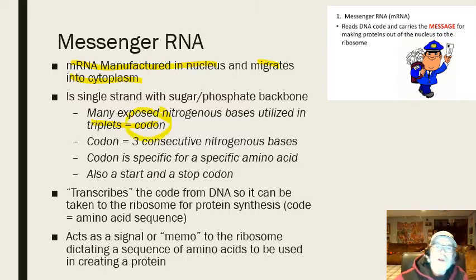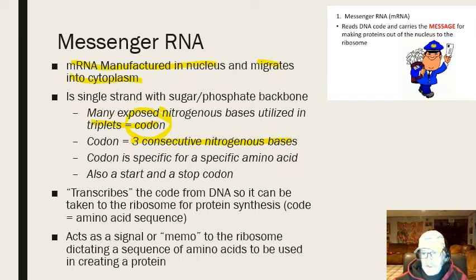Codon. The definition of a codon is 3 consecutive nitrogenous bases. It might be adenine, cytosine, guanine, cytosine, guanine, cytosine, adenine, uracil, cytosine. It's 3 individual nitrogenous bases, and that's called a codon.